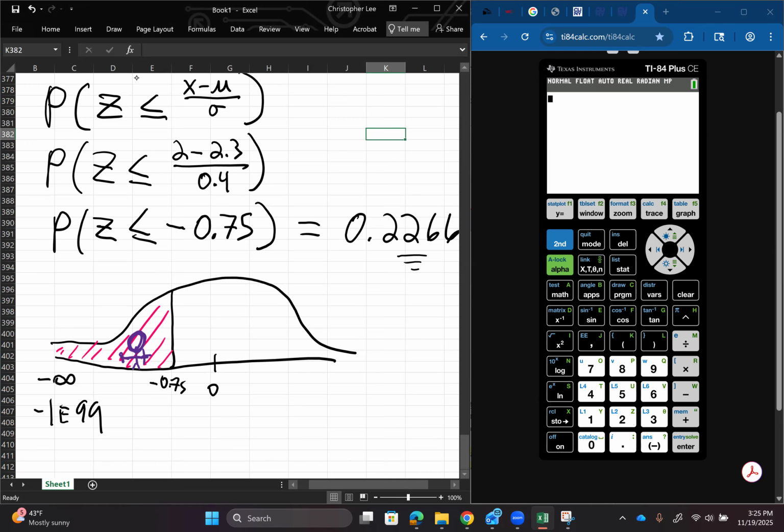You guys have the 36X Pro, so you press second, then stat regression, then distribution, DISTR.